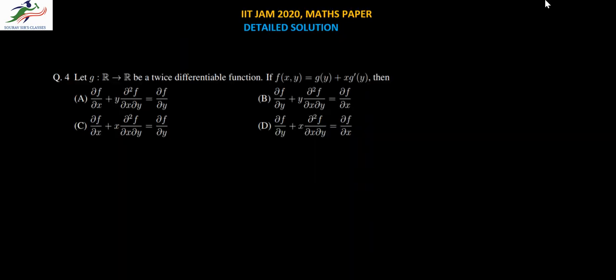We come to question number 4, which is talking about a differentiable function which is partially differentiable along x and y. And all we need to understand is that when you are differentiating with respect to x, you will ignore y or treat y as constant, and vice versa.